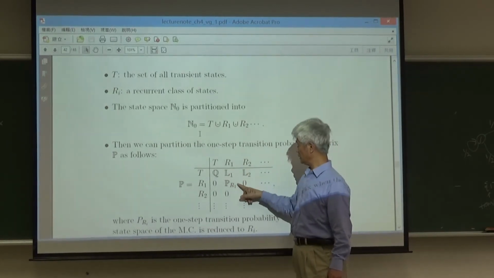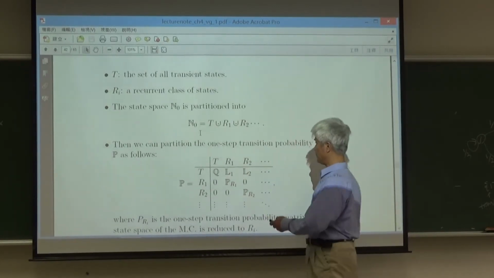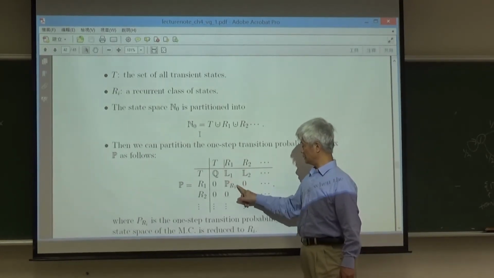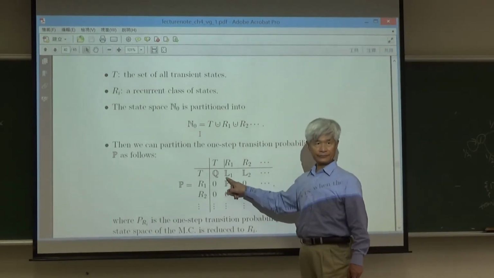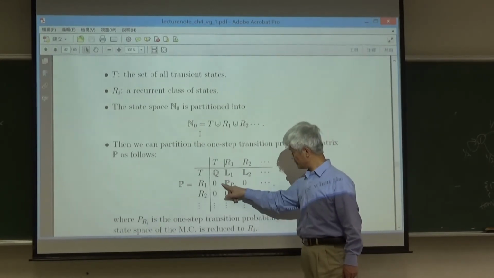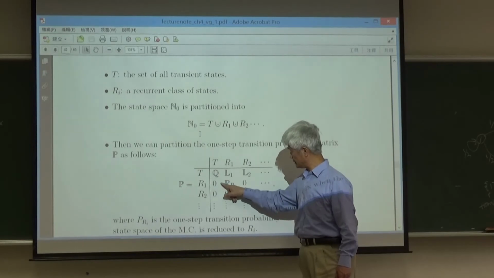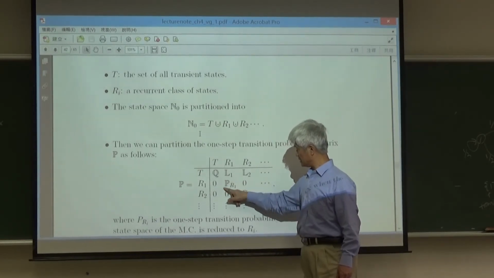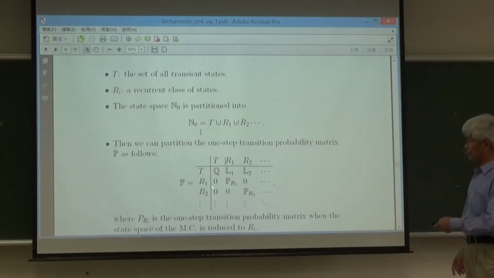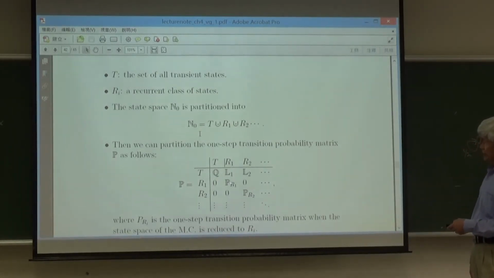So you have PR1. What is PR1? PR1 is itself a transition matrix, because the row sum of this submatrix will be equal to 1. So it is already a one-step transition matrix itself.